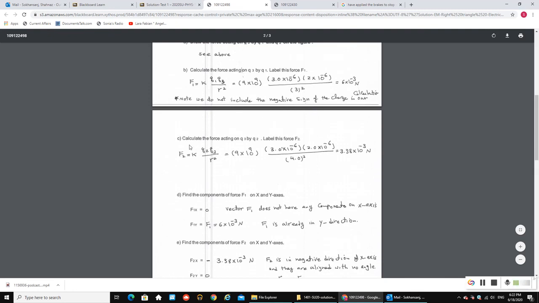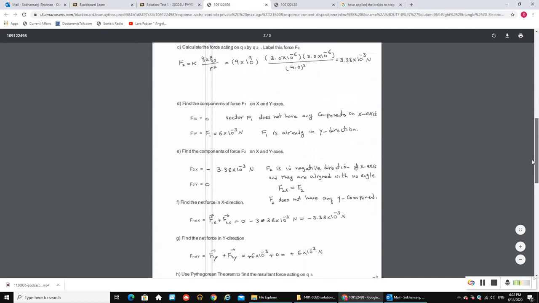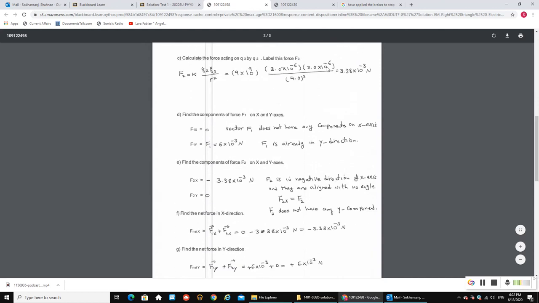And then we also calculate the force acting on Q3 by Q2 and label this force F2. Again, we put the formula and the numbers in coulombs. We change micro to coulombs by multiplying by 10 to the negative 6, and then we calculate this number.